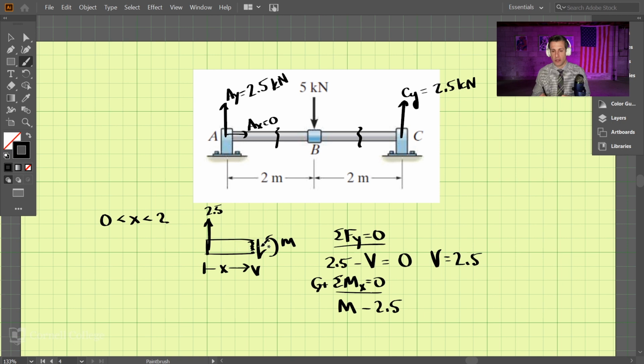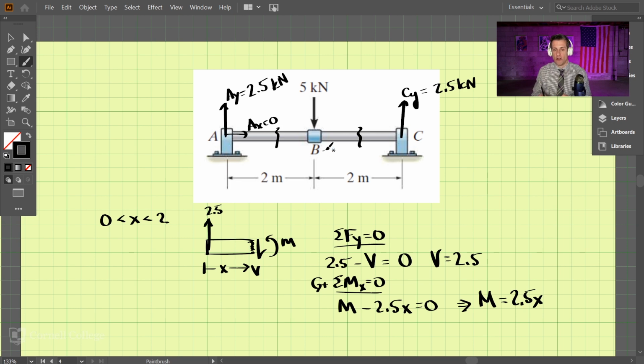So if x is from here to here, that is actually the moment arm, so we put in x there and set that equal to 0. So we get M is equal to 2.5x. Let's make sure that's right. Yeah, okay. So now we have solved for the equations in between A and B.